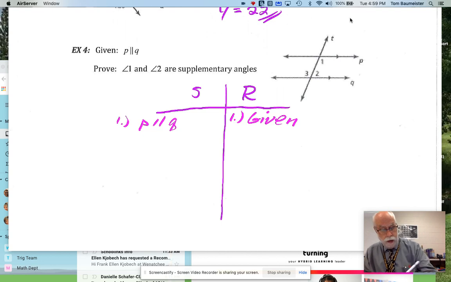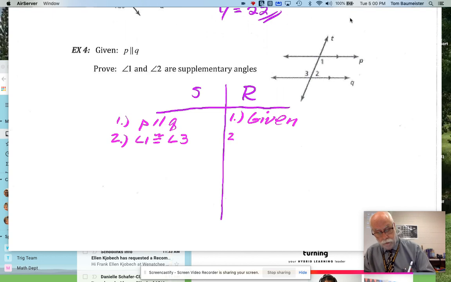All right. And since we're trying to prove 1 and 2, we're probably going to have to use angle 3. So what did I just draw there? I just drew a Z angle, which again is alternate interior angles because they're on the inside. So for our second one here, because we were given that the lines were parallel, we can say that angle 1 is congruent to angle 3.